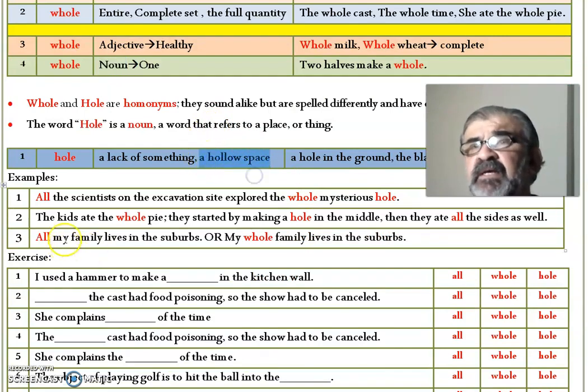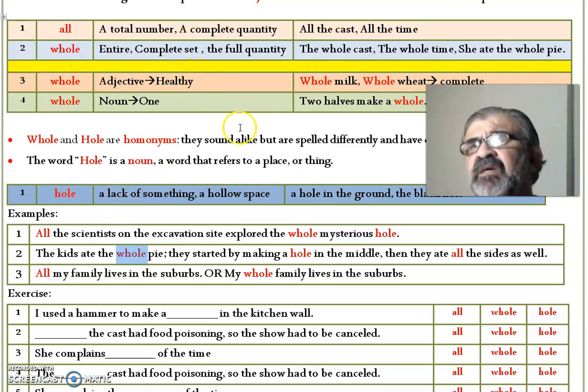Interesting. The kids ate the whole pie, whole, adjective, meaning the complete pie. You could say the complete pie, all the pie actually. They started by making a hole in the middle of the pie, a hole, noun, which is a hollow space, you know what kids do.